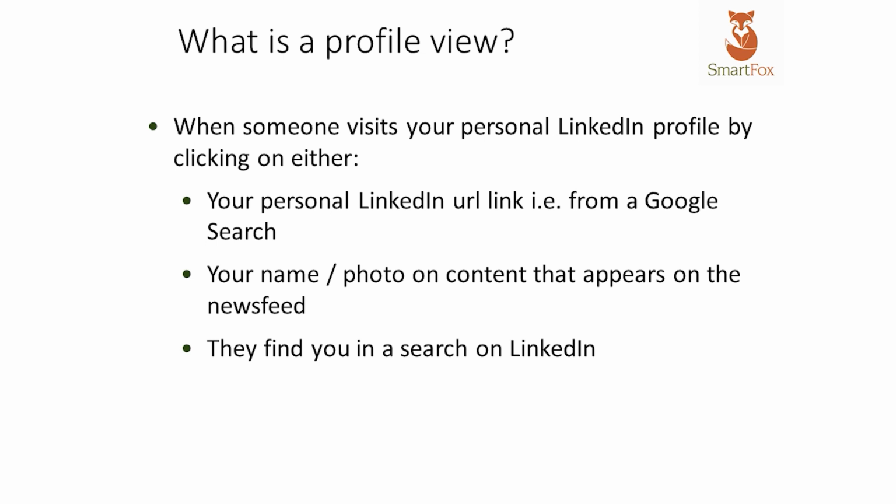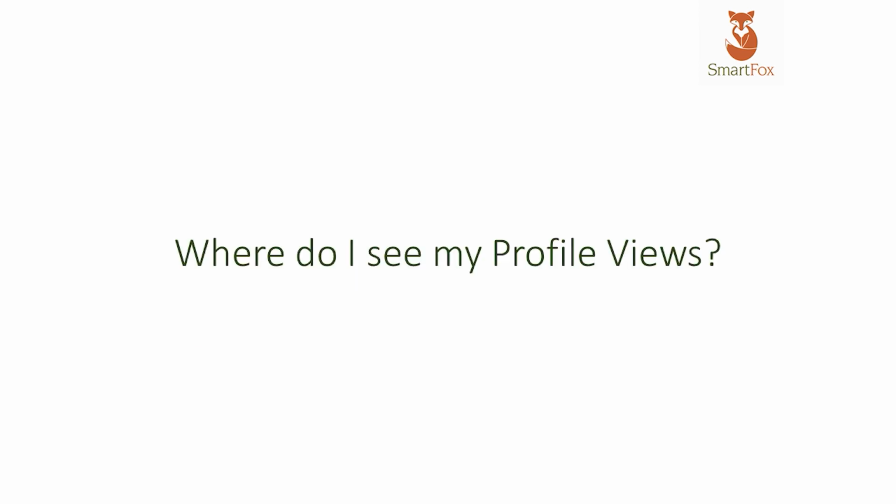If I'm in LinkedIn and you post a piece of content and I click on your name or your photograph and that brings me to your profile, or if I find you through a search on LinkedIn and I click on your name, it'll bring me to your personal profile. So people always ask me, where do I see my profile views?